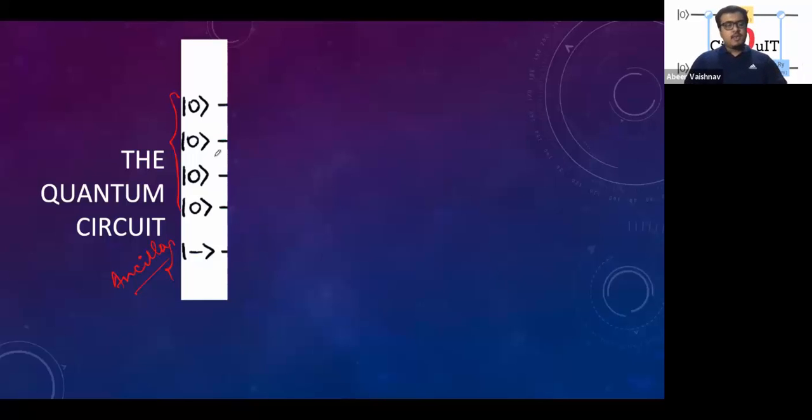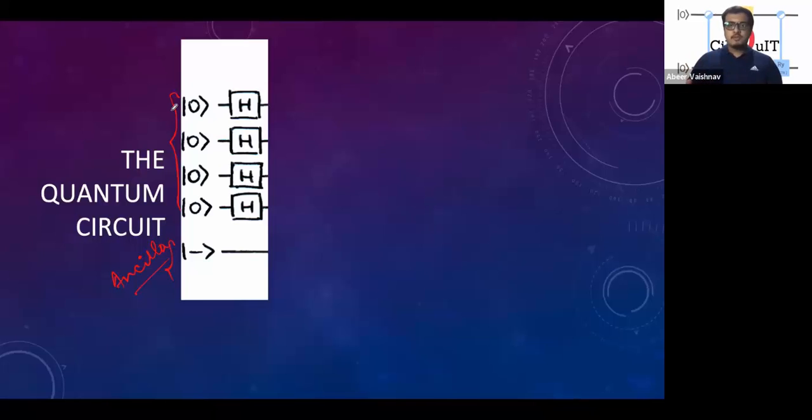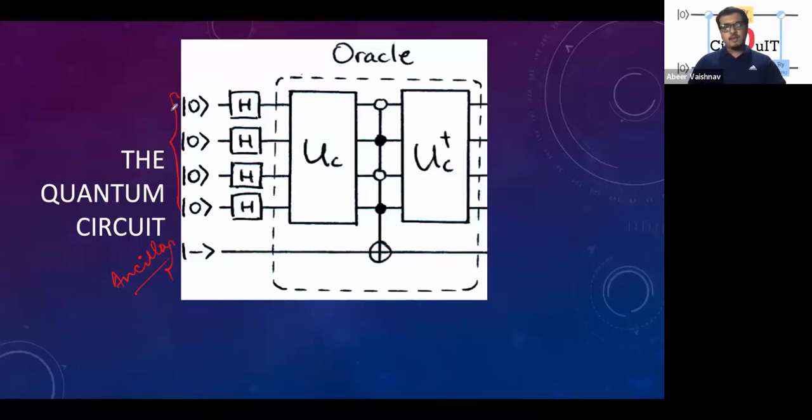Then since we need to initialize the array, the best initialization would be that all the possible states that this array can represent, let's take an equal superposition of that. So we initialize it using Hadamard gates, and then we do something known as an oracle function. This oracle selects a particular key value or a marked state and just operates on that, and the other states are unaffected.